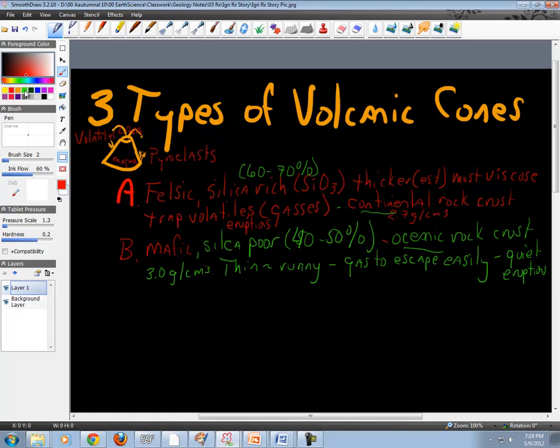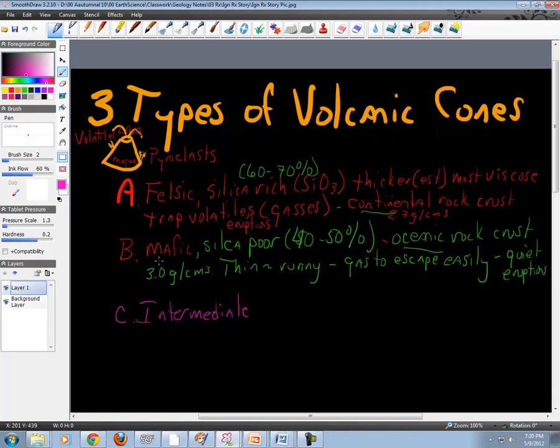And then we have the third type, different color, right? Intermediate. This stuff is like the rhyolite, the pumice, the granite, the obsidian of the molten rocks, both intrusive and extrusive.